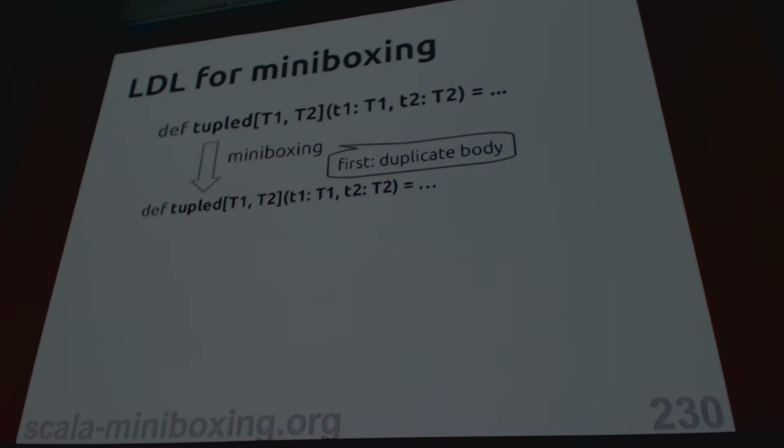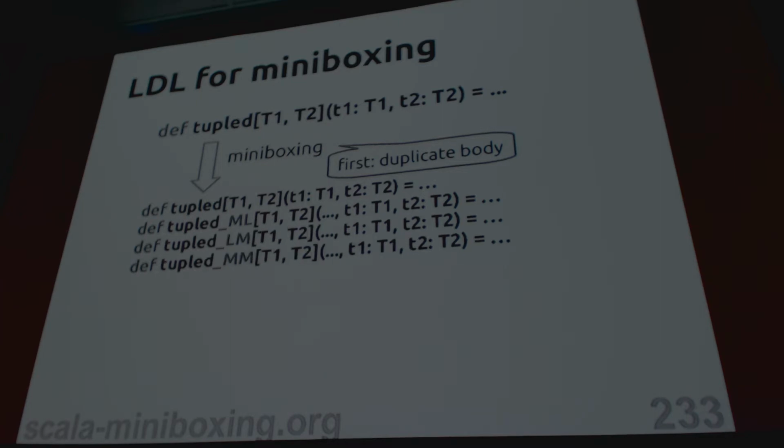Take the tuple and make 4 copies of it. And you have some leading arguments. I'm not going to talk about them. They are tags for the people who use miniboxing already. But let's not talk about these. We'll have 4 versions of the method, where one type parameter is boxed, 2 versions for the other one, boxed and unboxed, and again, basically the Cartesian product.